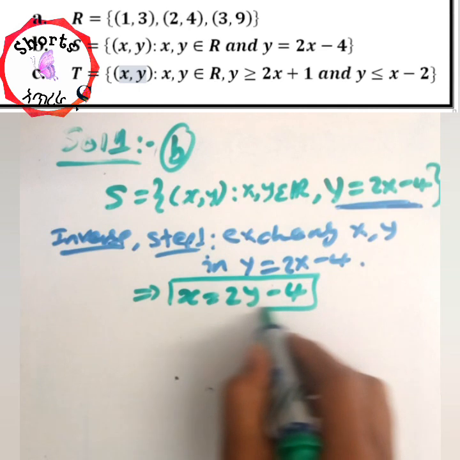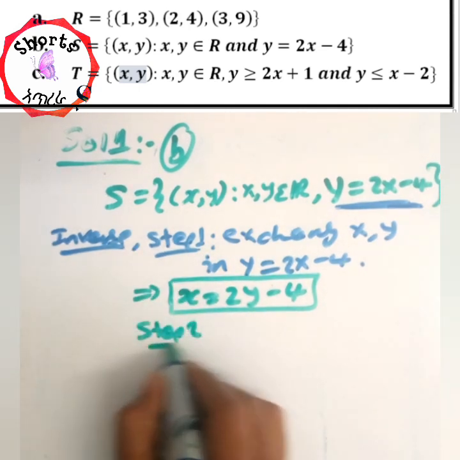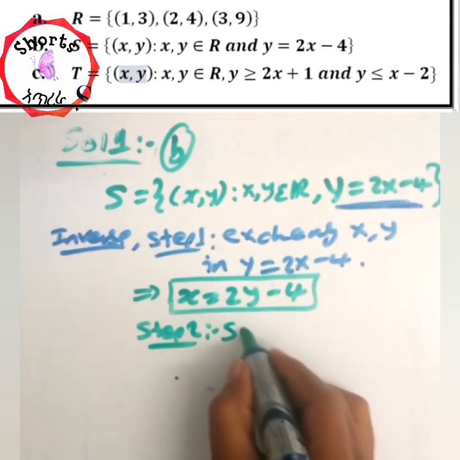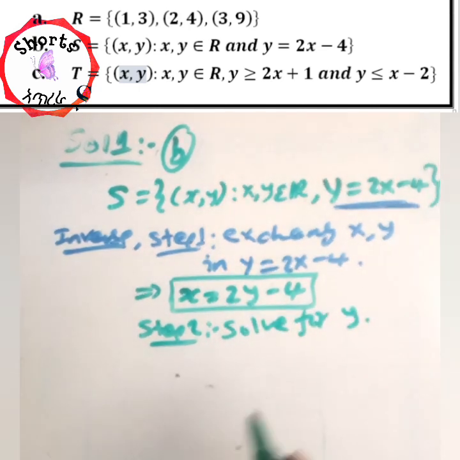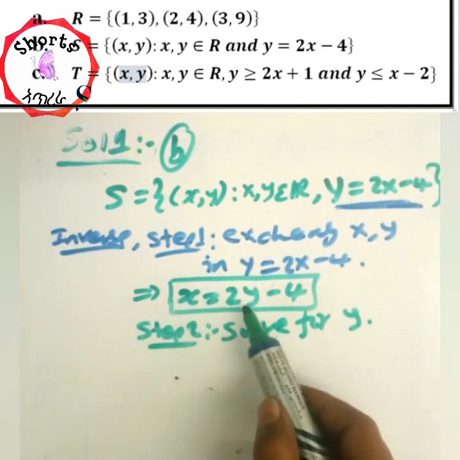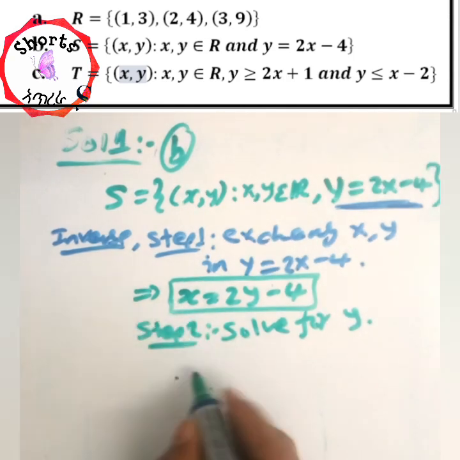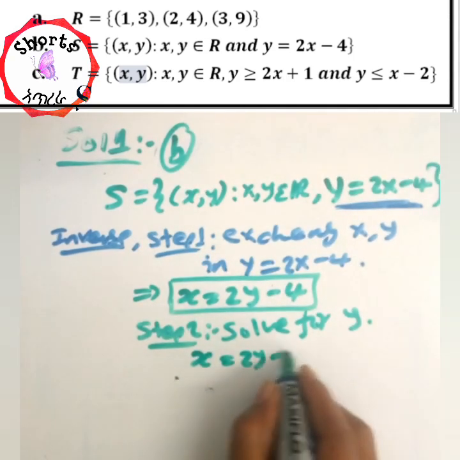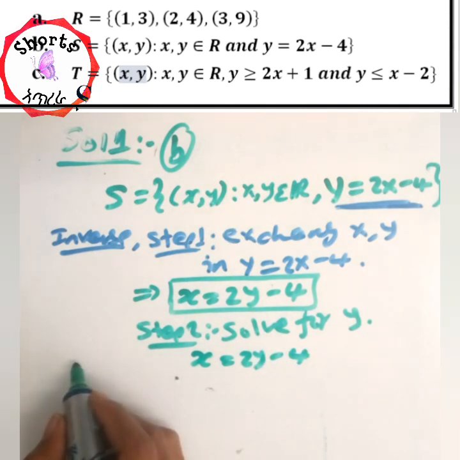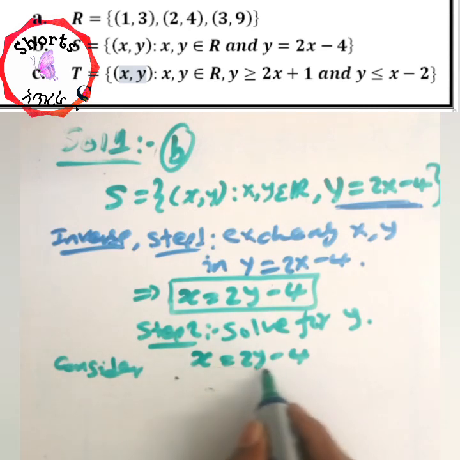After this, the second step, step 2, is to solve for y. After we exchanged x and y, consider x is equal to 2y minus 4.